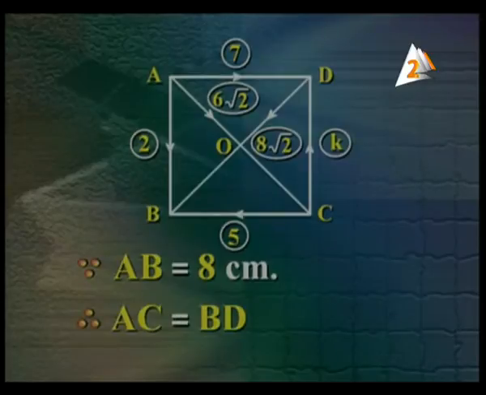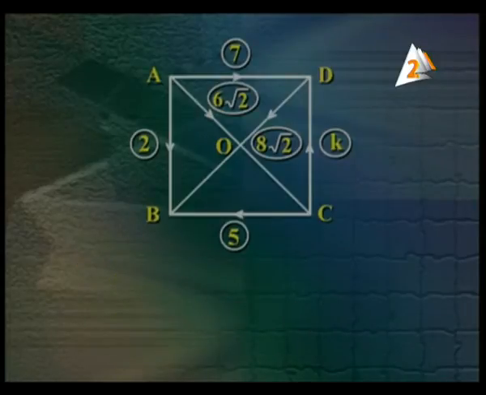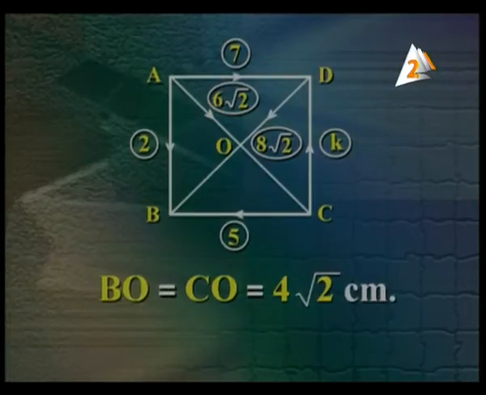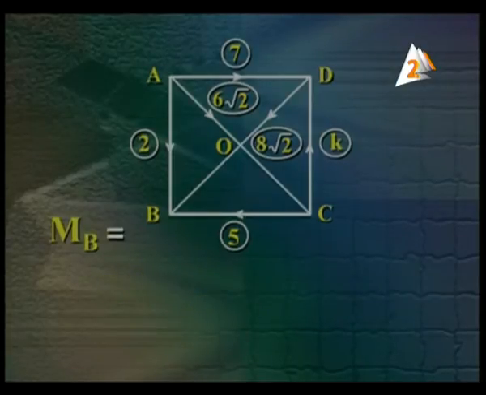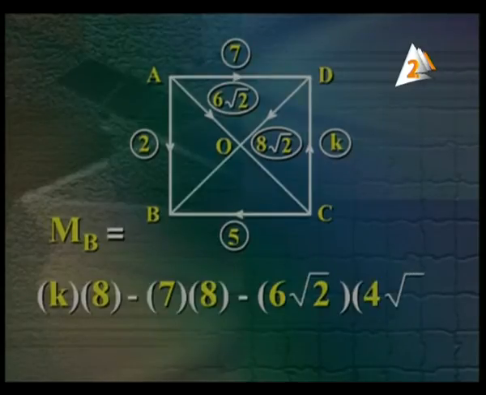Now, the moment about the point B equals K multiply 8 minus 7 multiply 8 minus 6 root 2 times 4 root 2. Or we say 8K minus 56 minus 48, or 8K minus 104 as equation 1.